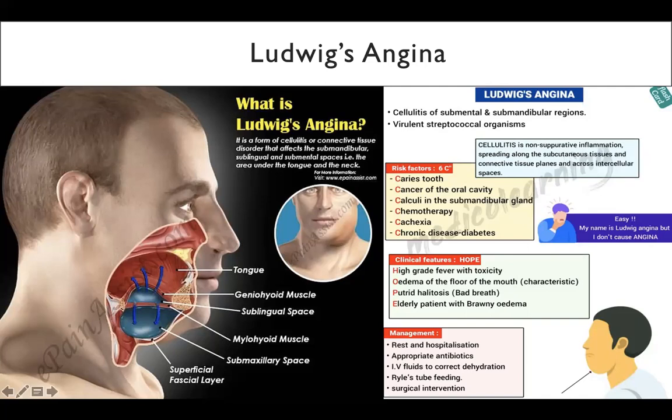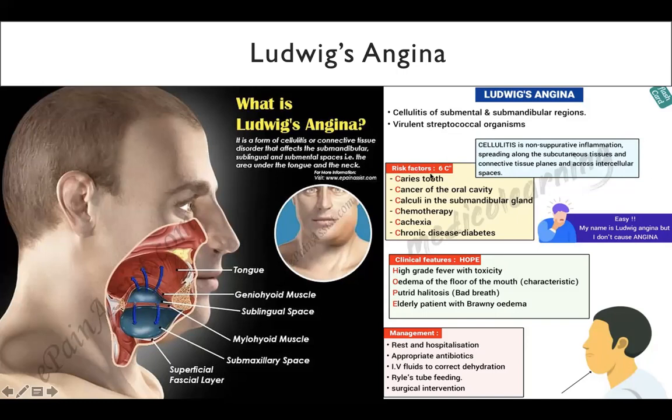Cuta is skin, and subcutaneous means under the skin. Under the skin, the tissue is known as subcutaneous tissue, and cellulitis is spreading and is restricted to the subcutaneous tissue and connective tissue planes across the intercellular spaces. So cellulitis is superficial, non-suppurative inflammation in the subcutaneous tissue, spreading along the subcutaneous tissue.